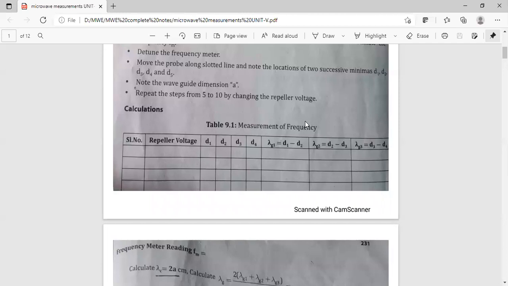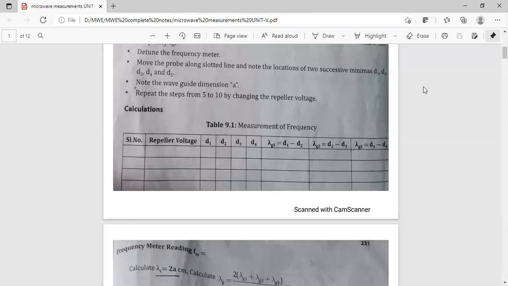As I mentioned, you have to vary the plunger or probe of the slotted waveguide. First find the first dip, that is D1. Keep the probe at the maximum position, then move it in the opposite direction, and find D1, D2, D3, D4.